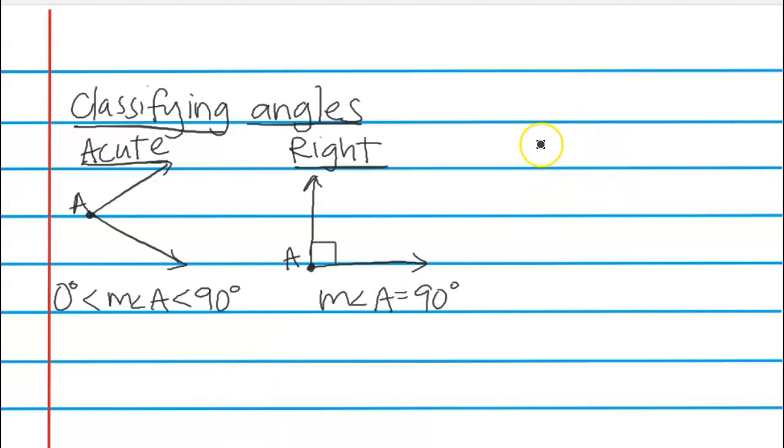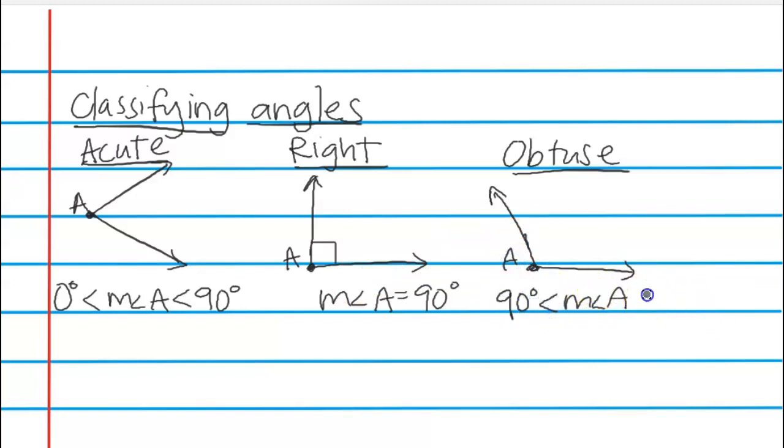All right, next we have an obtuse angle. An obtuse angle is one that measures greater than 90 degrees. So I'm going to say the measure of angle A is greater than 90 degrees, but it's also less than 180 degrees.